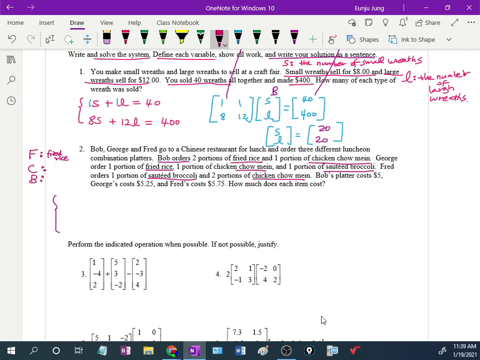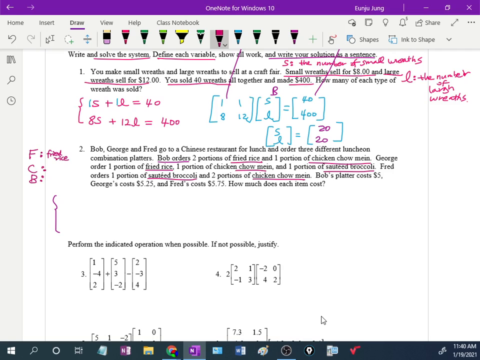What are we looking for? How much does each item cost?